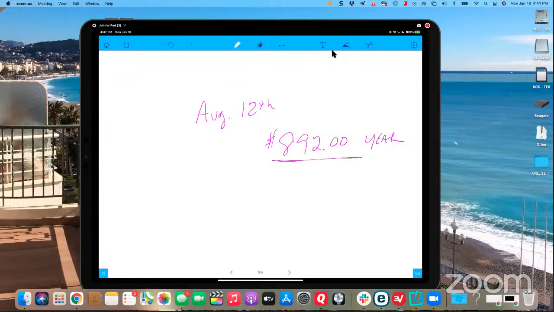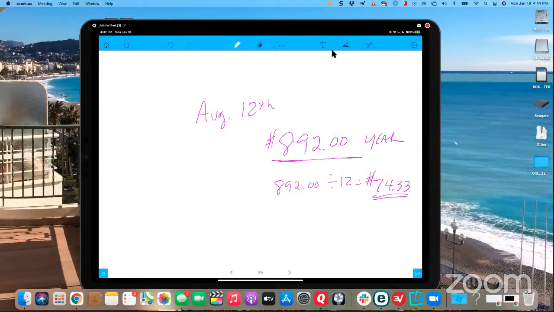So $892 a year. Now, the easiest way for me to do this is I do 892 and divide by 12. That's $74.33 right there.